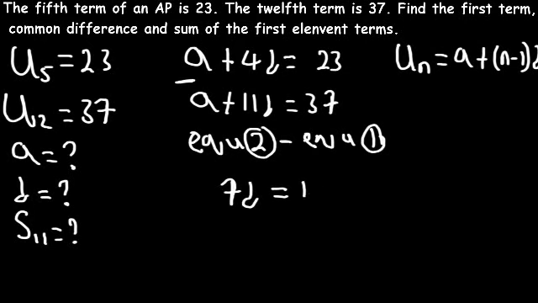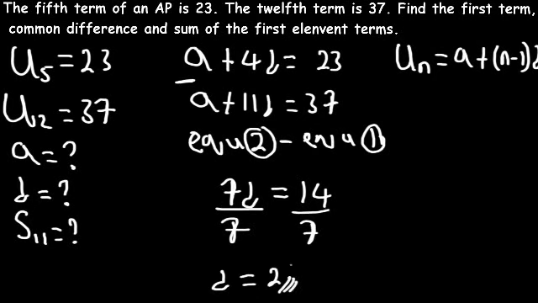So I have 14. The next step is to divide 14 by 7. I've got the value of d to be equal to 2. So jot that down somewhere, as we'll be needing it as we proceed.